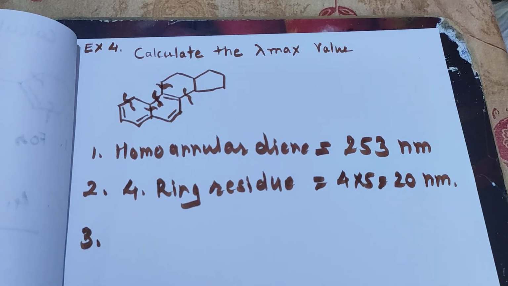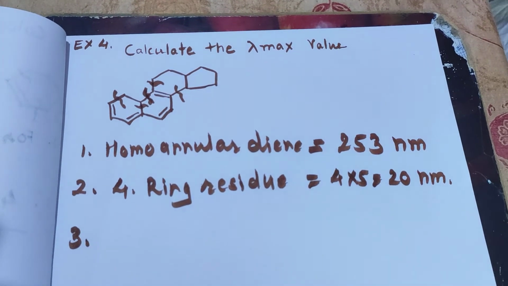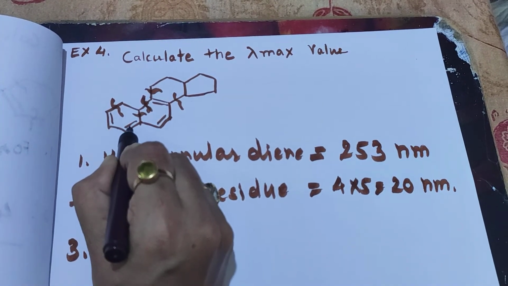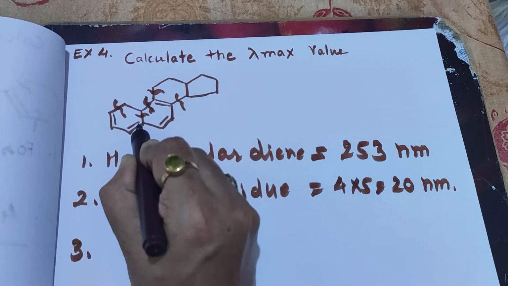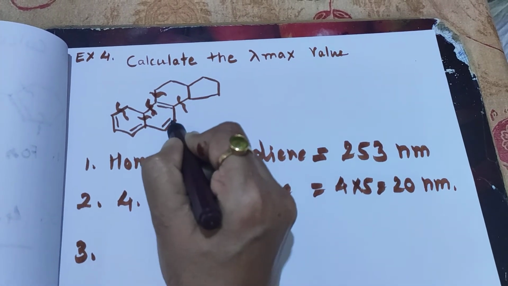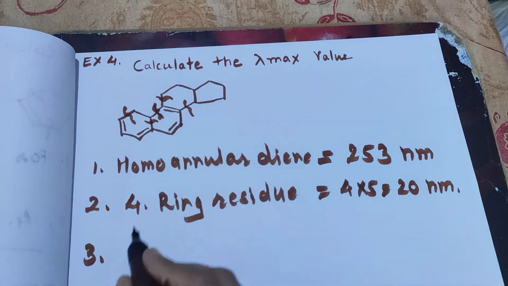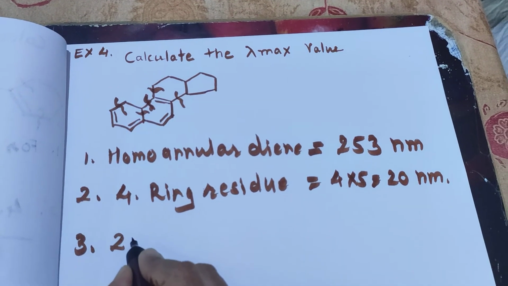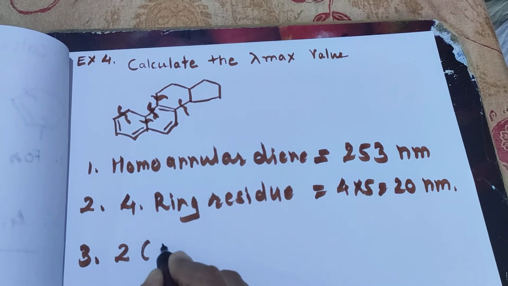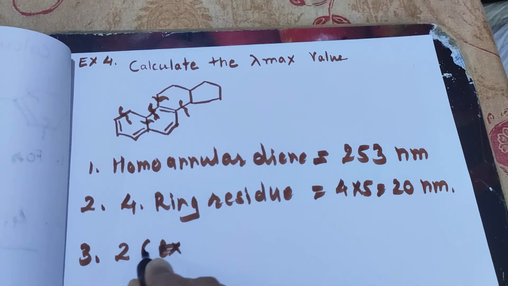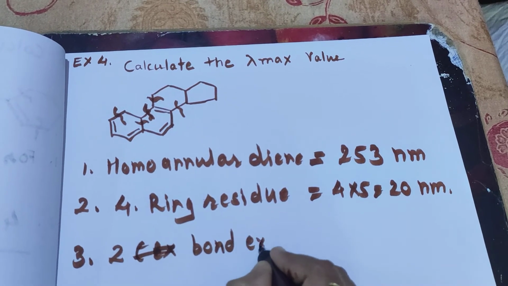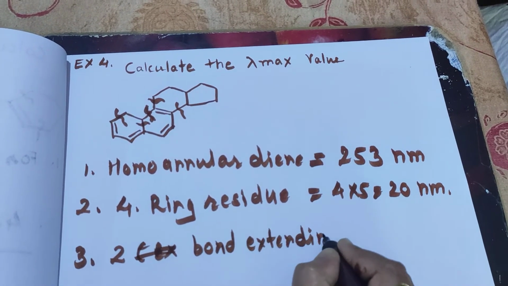Now again, if we observe this structure, say for example, this is our basic conjugated diene system. Now to this system, we again have an extension in conjugation. This is a single bond, double bond. This is one extension, and again single bond, double bond. So we can write 2 double bonds extending conjugation.